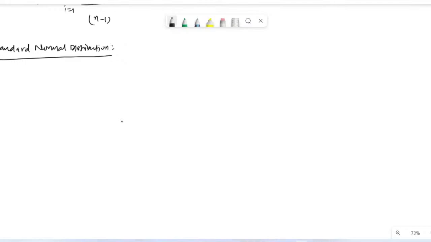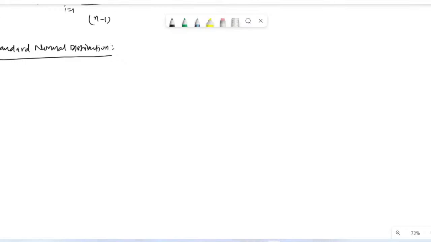Before we reach that part, there is one more thing that we have to discuss, which is called standard Gaussian distribution or standard normal distribution. See, the plot and everything will remain as it is. The only changes will be on the x-axis side.